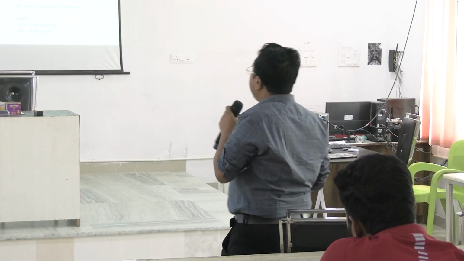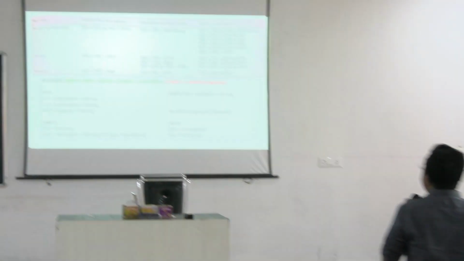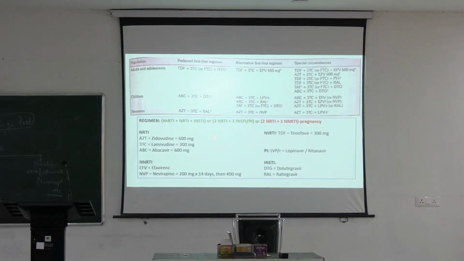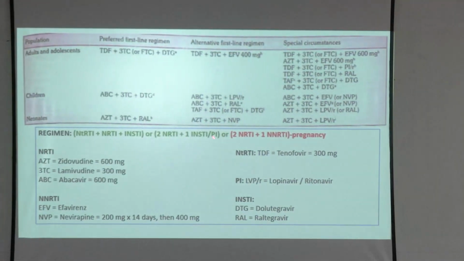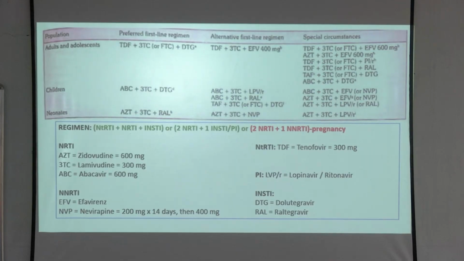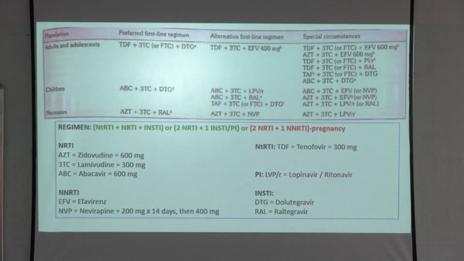What are the regimens? That is NRTI, NRTI and integrase inhibitor, or 2 NRTI plus 1 protease inhibitor. And for pregnancy, 2 NRTI plus 1 NNRTI. What are the preferred first line regimen and alternative first line regimen?